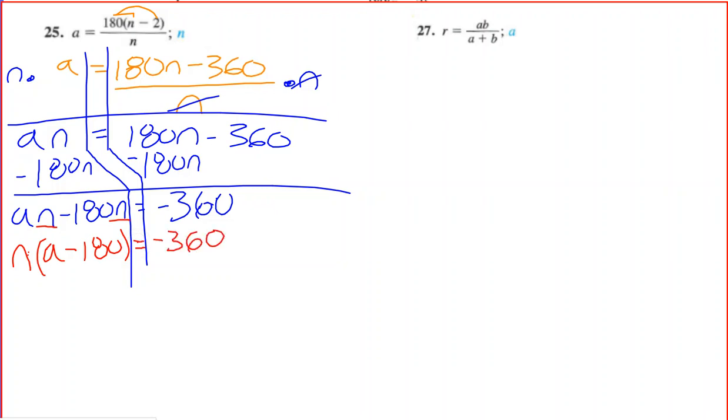That still equals negative 360. So what's the opposite of multiplying n by A minus 180? Dividing by A minus 180. So I'll divide both sides by A minus 180.